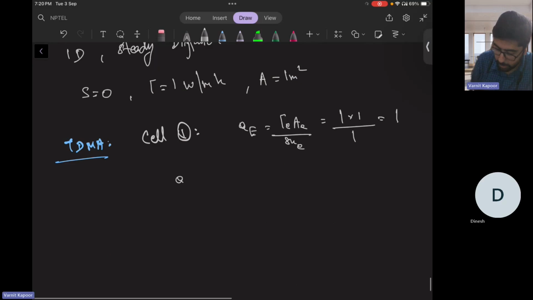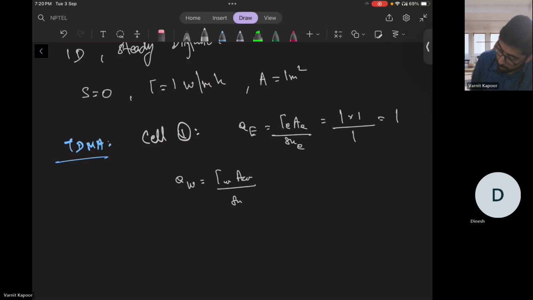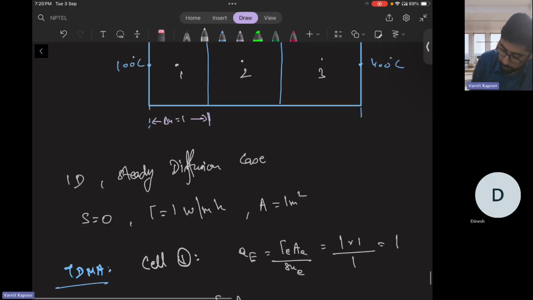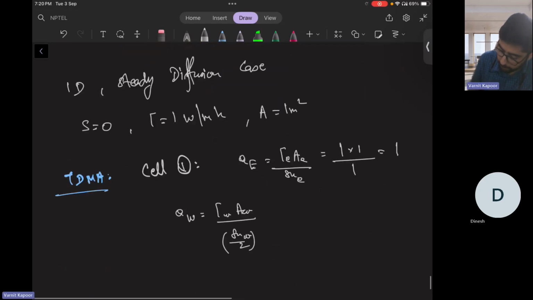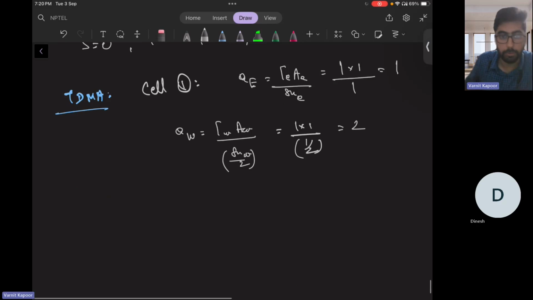A west is nothing but gamma w A w over del x w, because the west node itself is the boundary node for cell 1. So 1 into 1 over 1 over 2. That is what the equation number 1 will solve.